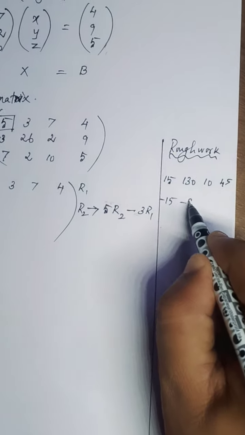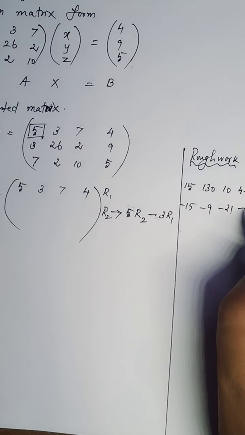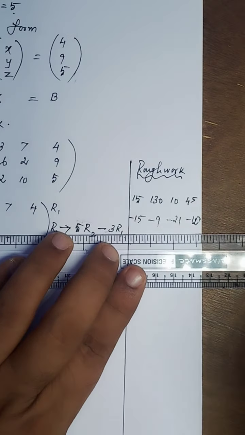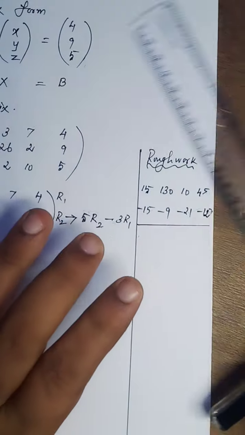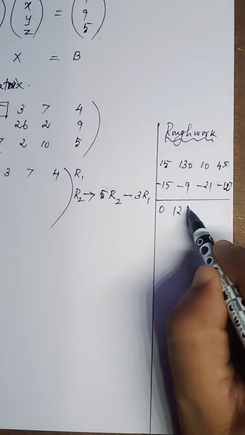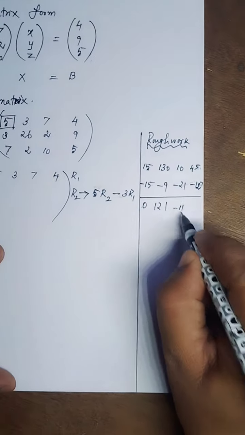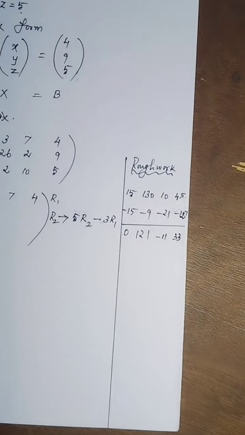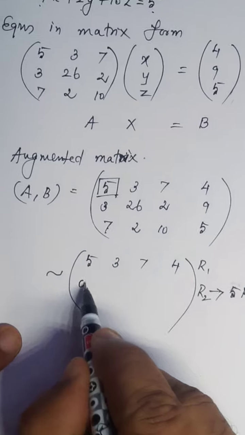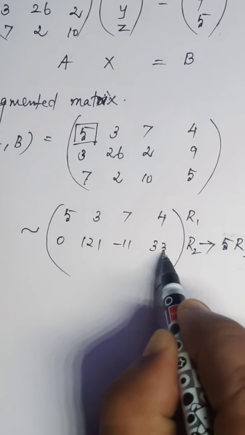Minus 3 into 3, minus 9. Minus 3 into 7, minus 21. Minus 3 into 4, minus 12. Have to subtract. You will be getting 0, 121, minus 11 and 33. So 0, 121, minus 11 and 33.